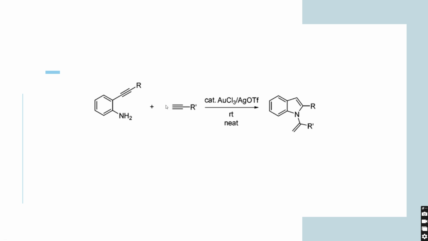Okay, so the net result is you can see that this amine is attached to this carbon of the alkyne fragment along with its attachment to the alkyne at this position. Okay, so let us see step by step what mechanism this reaction is following. Okay, it is going to involve basically activation of alkyne mechanism using gold catalyst.